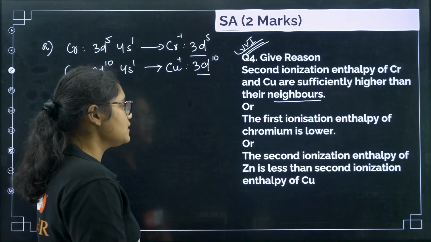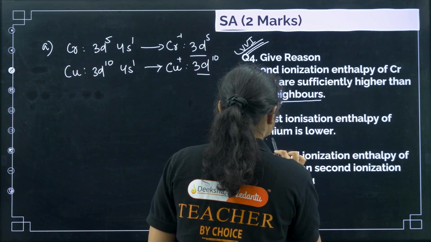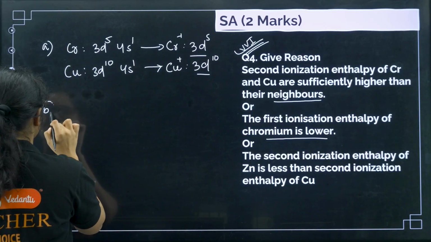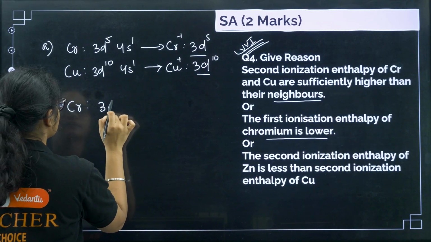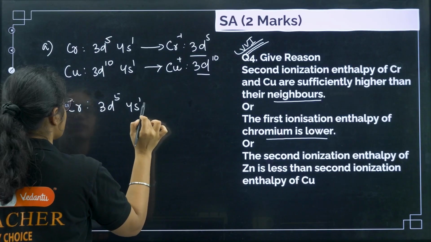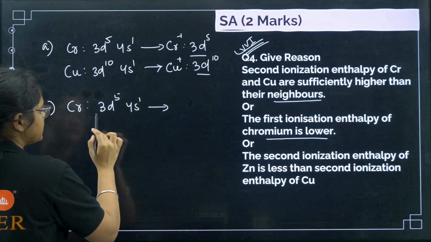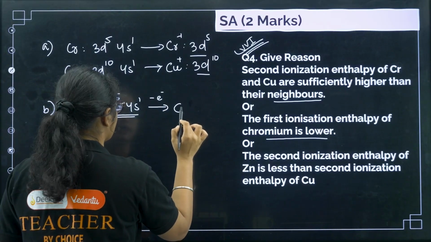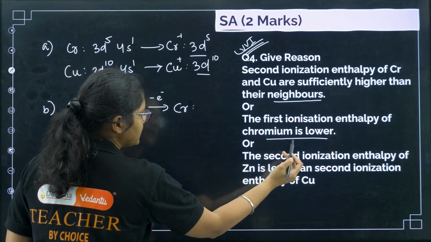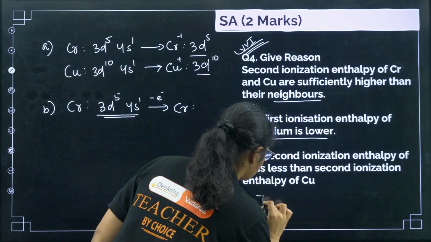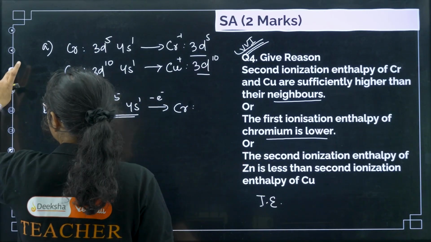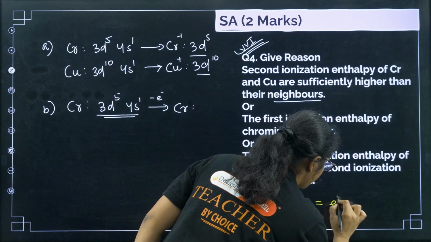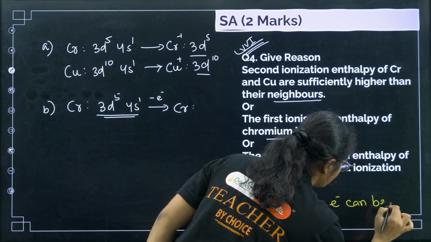Clear? Now next one, the first ionization enthalpy of chromium is lower. If you see the first ionization enthalpy of chromium, 3d5 4s1, the question is asking why you can remove one electron from here very easily, so the ionization enthalpy is lower. One key point here: if ionization enthalpy is lower, that means electrons can be removed easily.